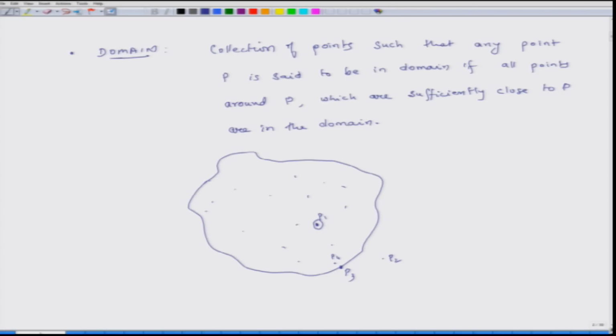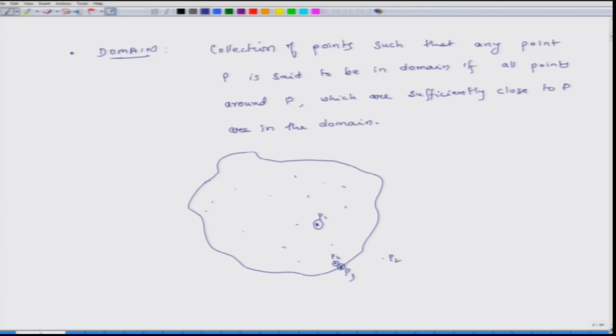So, similarly, we find out what all points lie in the domain, and that collection of points is called a domain. Now, you go to P4, which is very close to the boundary of the domain, but still as long as it is not on the boundary, all the points around it which are sufficiently close are still in the domain. So, point P4 is also in the domain. Now, you look at point P3. Here there are some points around P3 which are in the domain and some points which are not in the domain.